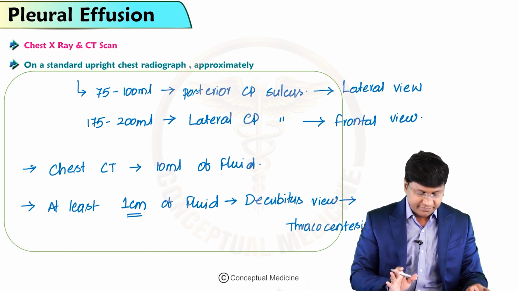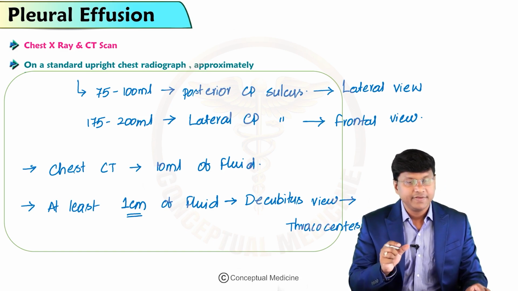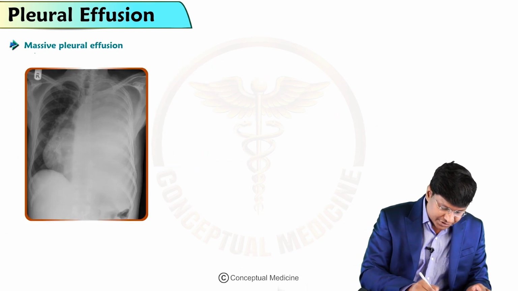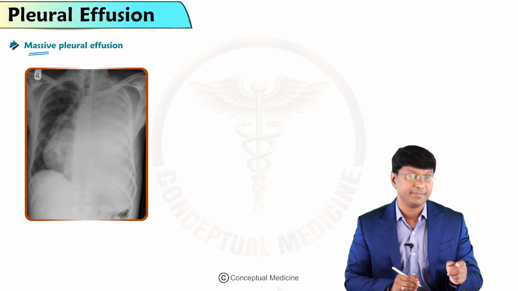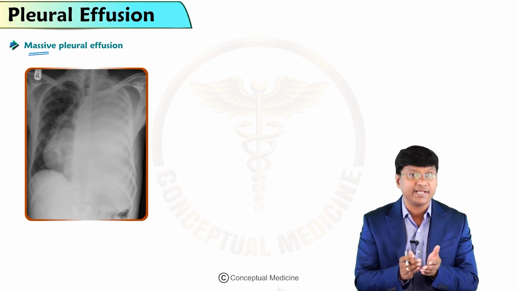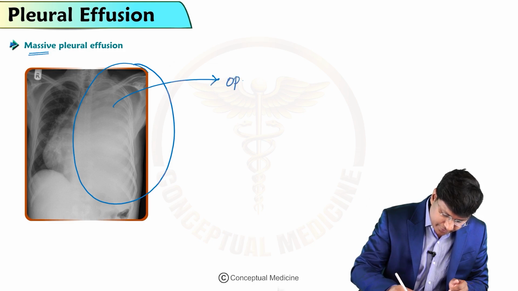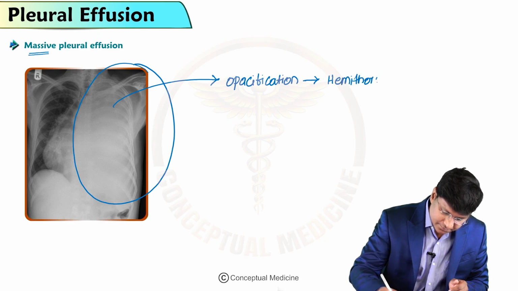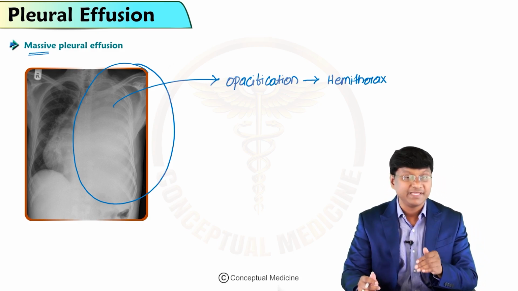So these are some of the very important multiple choice questions related to your chest X-ray as well as the CT scan. Now, we have a terminology called massive pleural effusion. When will you call it massive pleural effusion? There should be opacification of the entire hemithorax.